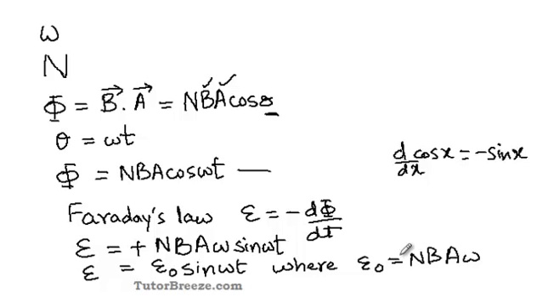Now if the rotation of the coil is expressed using the frequency of rotation, say the frequency is nu, then we can replace omega with 2 pi nu, and we get N B A times 2 pi nu.